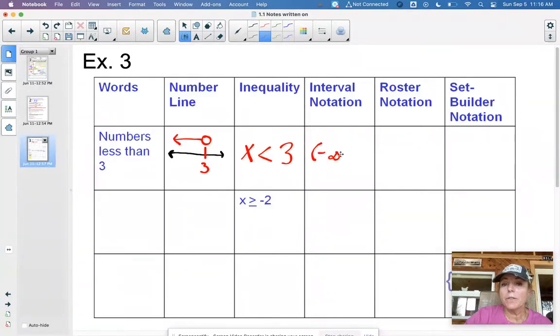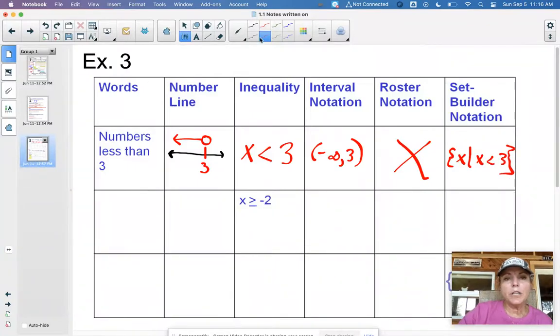That's negative infinity, 3, parenthesis. You can't do roster notation here. And set builder is just the inequality with this extra little piece, all x such that x is less than 3. Perfect. All right, let's change the color just to make it exciting here.